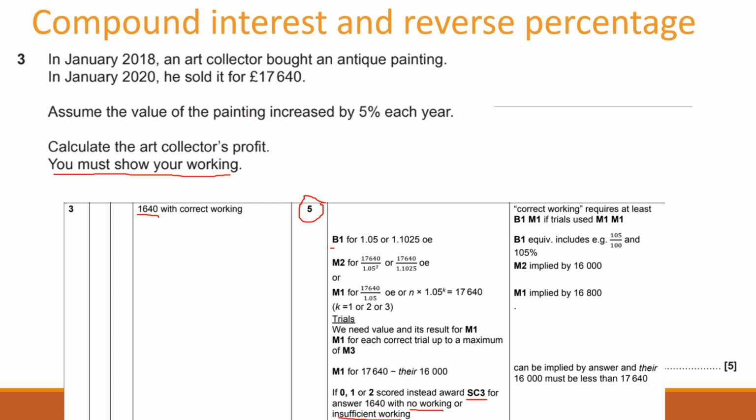In the mark scheme you've got a B1, which is a method mark, for my multiplier of 1.05. 2 marks for doing the new amount divided by the multiplier squared. The OE on the end means or equivalent. M1 is another method mark for using my compound interest formula, so if I did that one instead of doing the M2 mark.